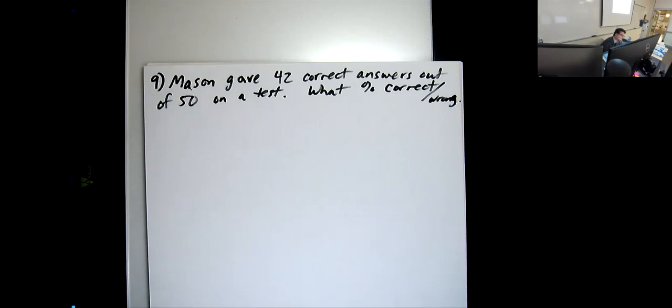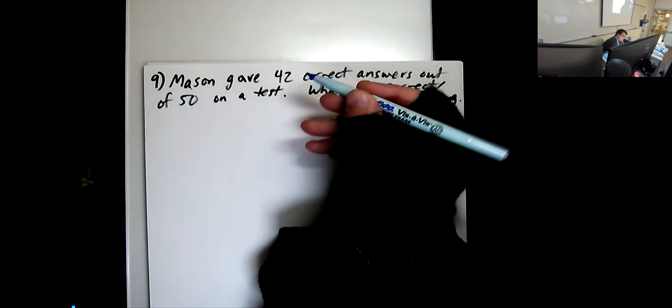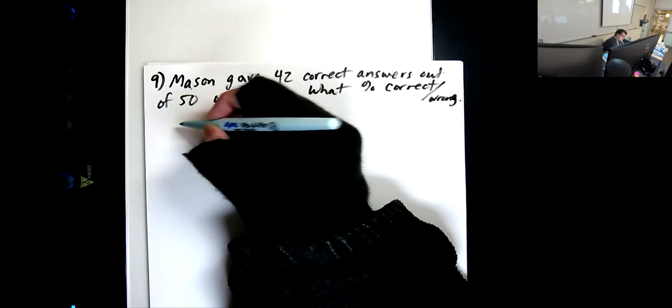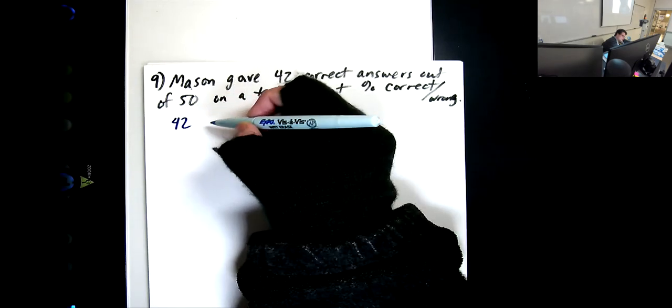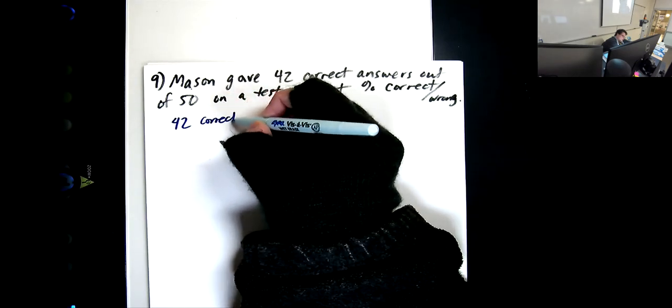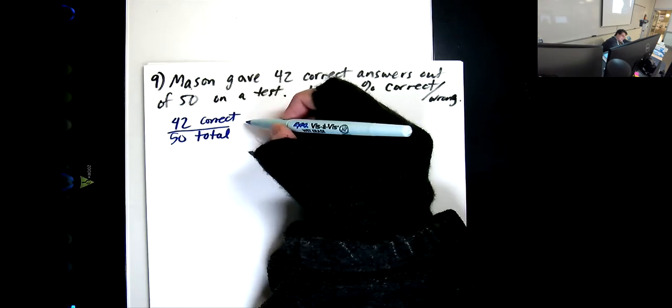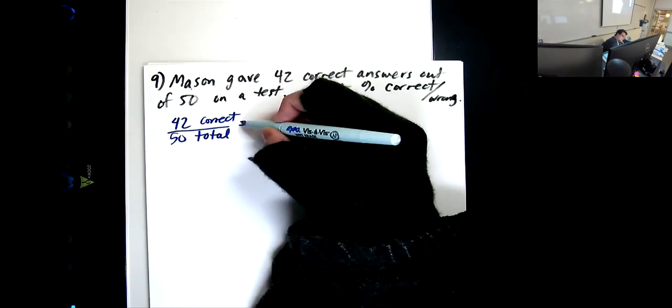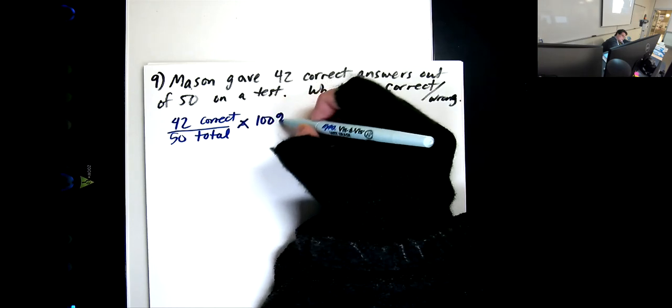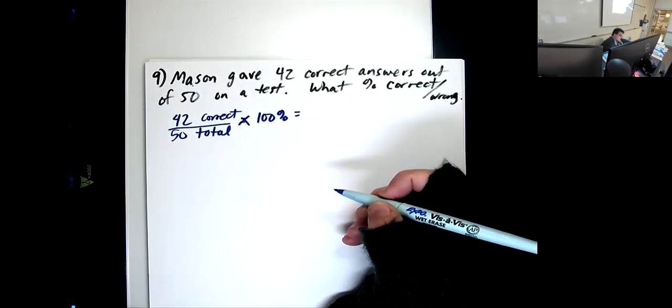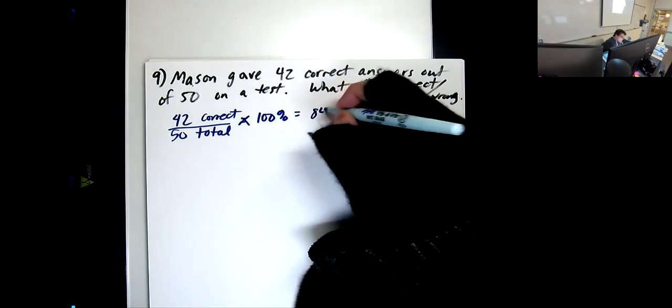If we want to find the percentage that's correct, it's going to be the number he got correct over the total number that were available. That gives us a value, and we multiply that by 100% to turn it into a percentage. You should get 84%.